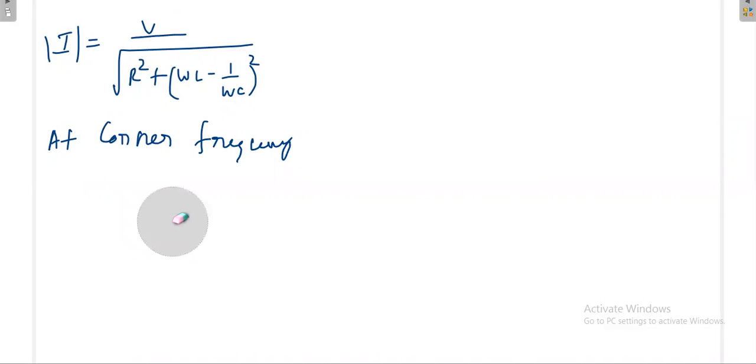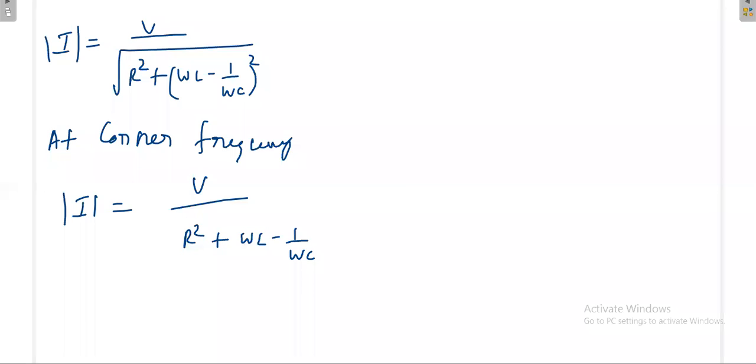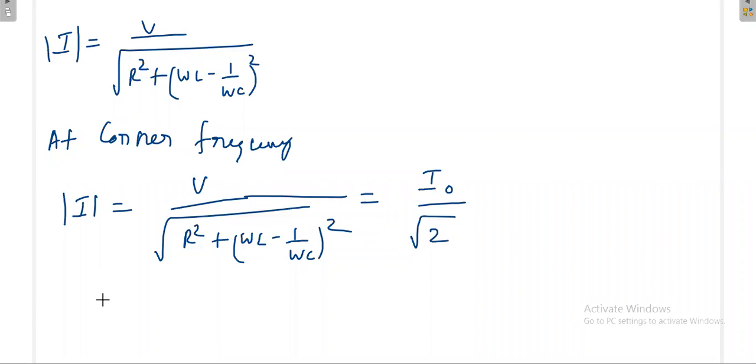So |I| at the corner frequency is V divided by the square root of R² plus (ωL minus 1/ωC) whole squared. That value becomes 1/root 2 times the maximum value, that means 0.707 times.